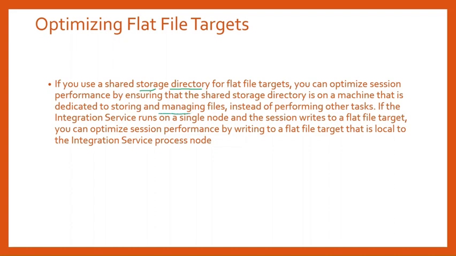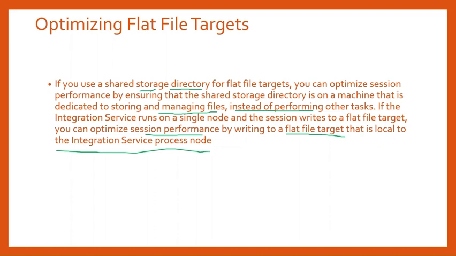and managing files, correct, instead of performing other tasks. If the integration service runs on a single node and the session writes to a flat file target, you can optimize the session performance by writing to a flat file target that is local to the integration service process node. I hope you get that point.